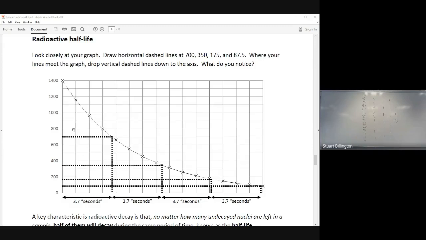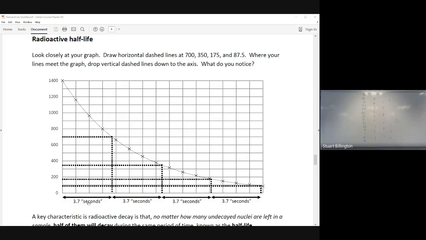The probability for atoms depends on how unstable the nucleus is. So some isotopes are really, really unstable, and they've got a really high probability of decaying. In which case, this 3.7 would get smaller and smaller and smaller. And for really unstable atoms, it might turn out that this number is microseconds.